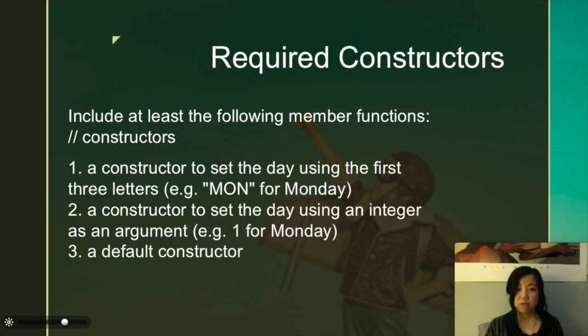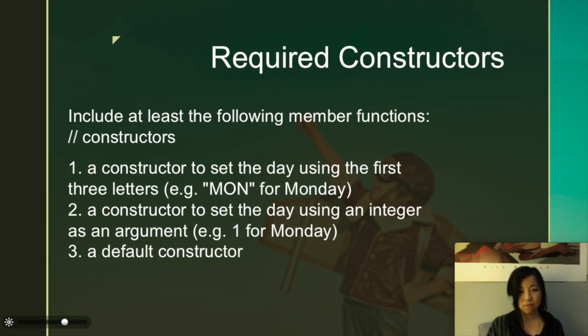The first constructor will accept 3 letters and then initialize the private member properly. So if you receive MON for Monday, you would then set your private member variable, which is only one, to 1, because it's Monday.